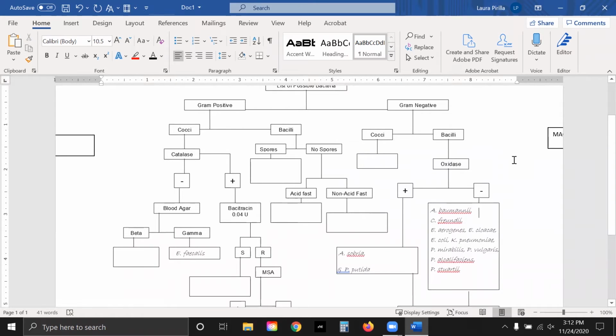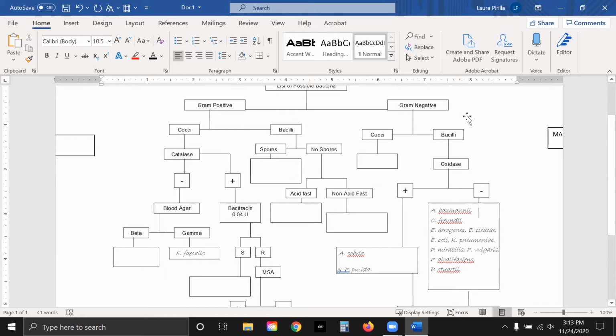So now your next step was to separate them so that you could actually perform some testing on them. You said that you wanted to do MSA testing. Now, knowing what you know about MSA, would the colonies that grew on it be your gram positive, or would they be your gram negative?